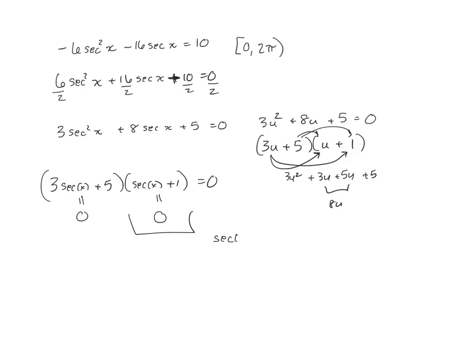I get secant x plus 1 is equal to 0, so secant x equals negative 1. And remember that secant is 1 over cosine, so 1 over cosine x is equal to negative 1. If you flip and multiply, or however you want to do it, you get cosine x is equal to negative 1. Therefore, x is going to be equal to cosine inverse of negative 1.